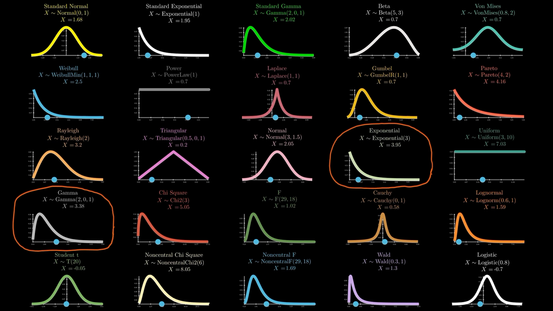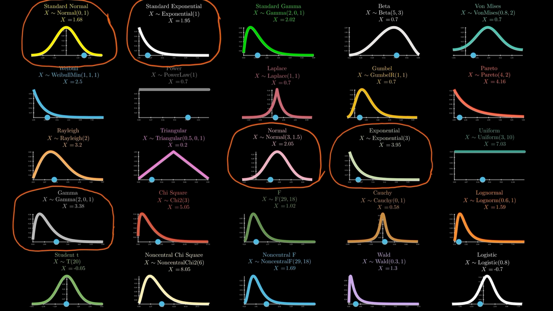And then we've seen the central limit theorem give us the normal and the standard normal, right? I could circle also the standard exponential because of course it's a special case of the exponential, which we've already circled. Standard gamma is a special case of the gamma, which we've already seen.